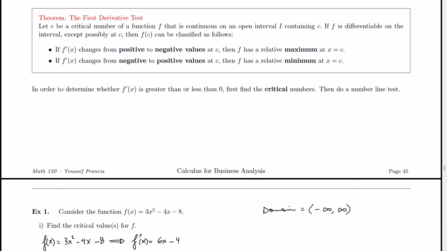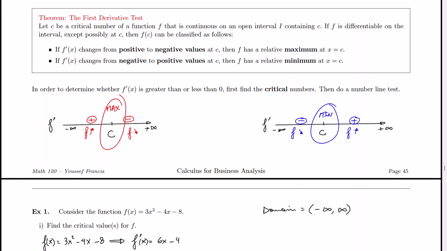What we described just now is called the first derivative test, and it's a theorem that says that if f prime of x changes from positive to negative at a point c, then the function f has a relative maximum at x equal to c, and vice versa. If f prime changes from negative to positive at a point c, then the function has a relative minimum at the point c.